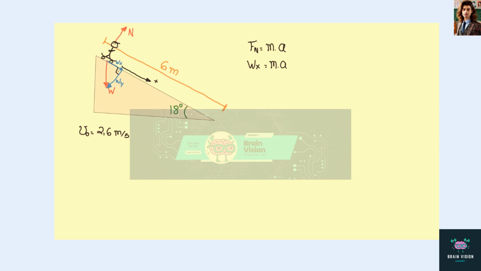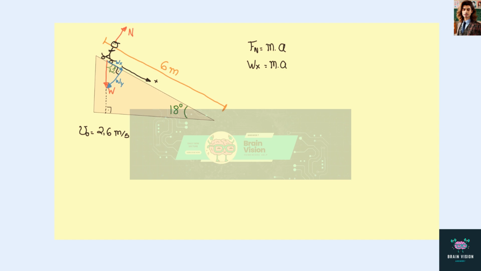Then we can stretch the weight force down here so that this is 90 degrees. Then, if this is 18 degrees, this is 90 degrees, then this angle must be 90 minus 18, which is equal to 72 degrees.